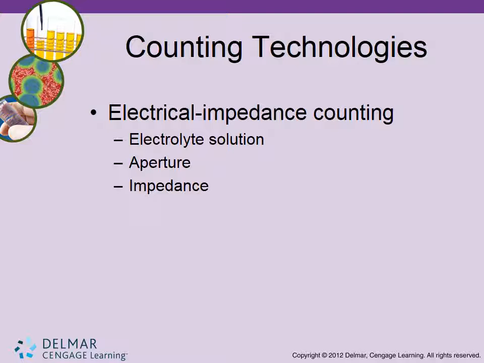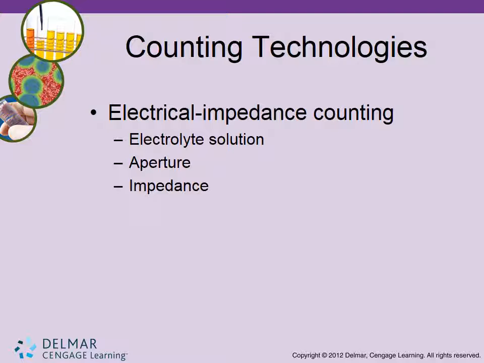In electrical impedance, cells are diluted in an electrolyte solution. Just keep in mind that an electrolyte solution is able to conduct electricity. As cells move through the entrance of the counting chamber, called the aperture, cells will break the current of electricity, or impede the electrical current, and are counted according to size.